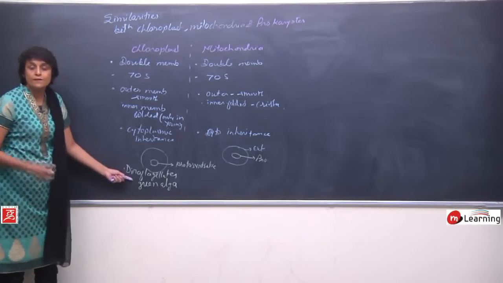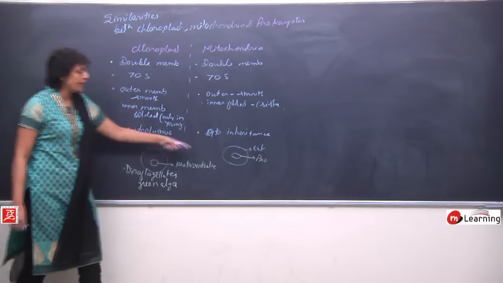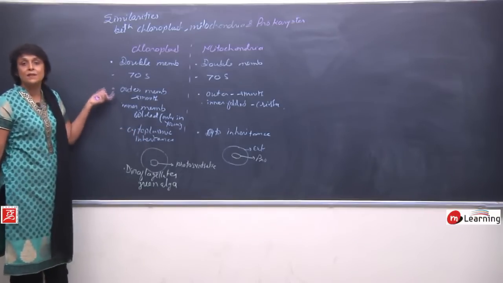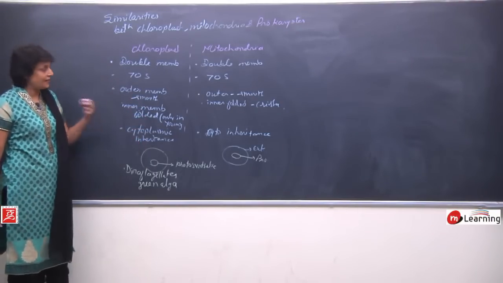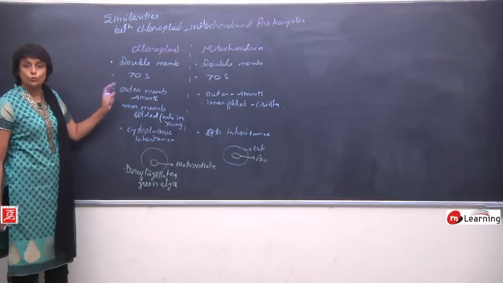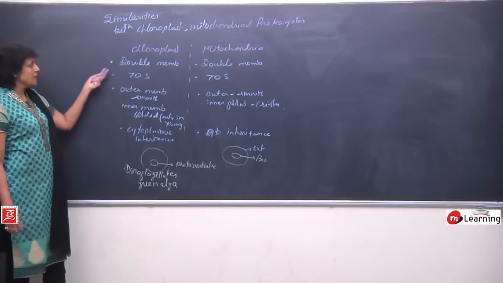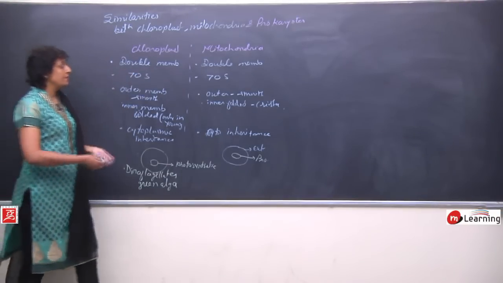So this also gives us a proof that probably these two structures, chloroplast and mitochondria, have also evolved by the same hypothesis, which is the endosymbiotic theory. So many things are similar in these two structures, and we also call both of them semi-autonomous. We have already written that both of them have DNA and so on.